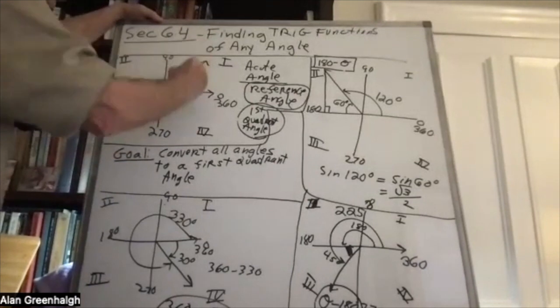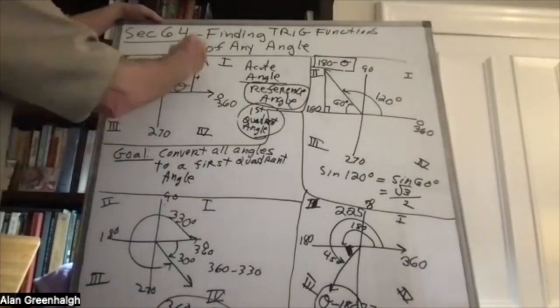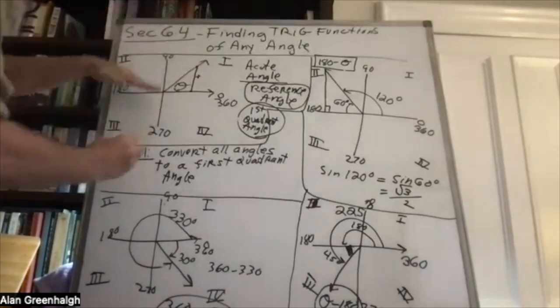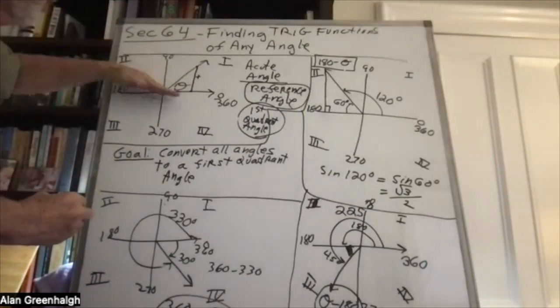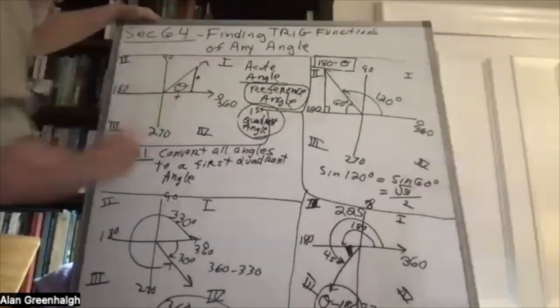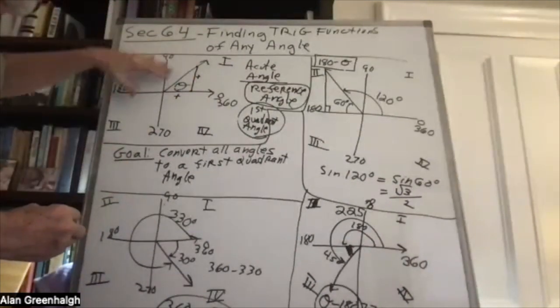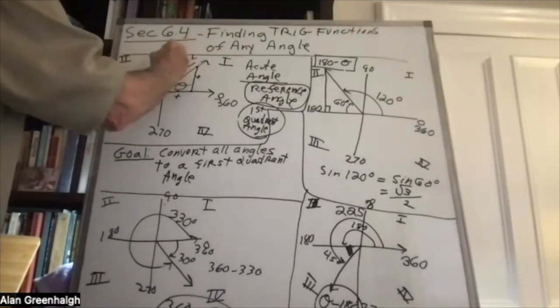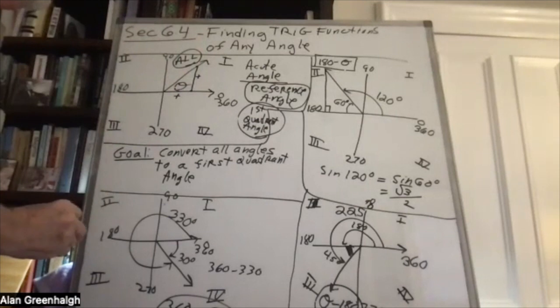The y is positive. This value from here to here is positive because the value of y is always positive above the x-axis. So therefore, all the 6 functions are going to be positive.